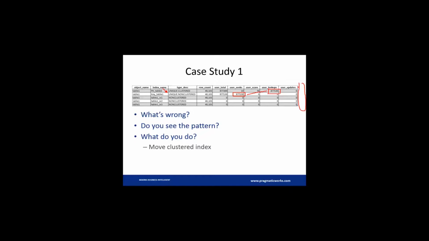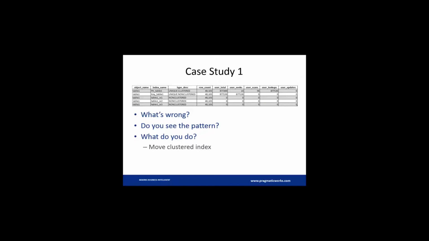But if it's a narrow index, and you've got this kind of correlation, you're going to want to take a look at whether moving the clustered index is a way to solve this problem. And as you can also see here, the clustered index itself is hardly ever used except for the user lookups.